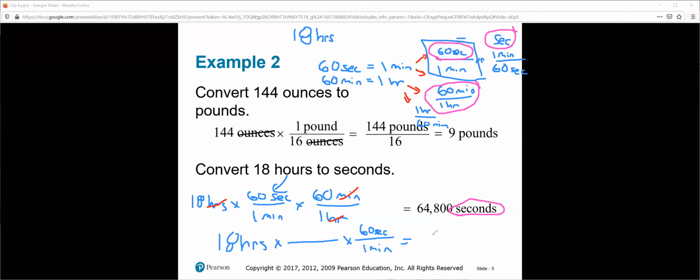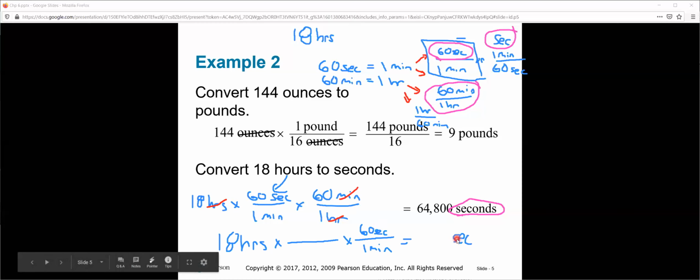Because this seconds turns into this seconds, I know this is going to be the end of my equation, but hours and minutes don't cancel, so something needs to go in the center.